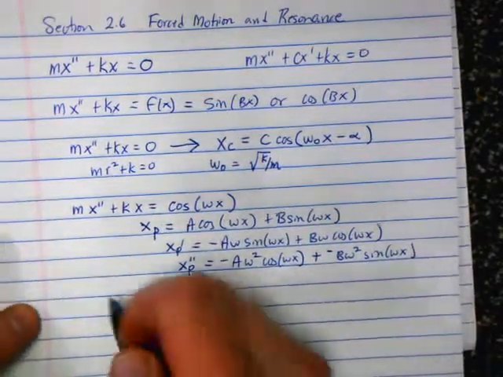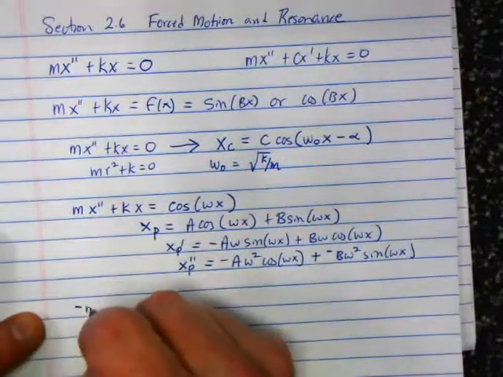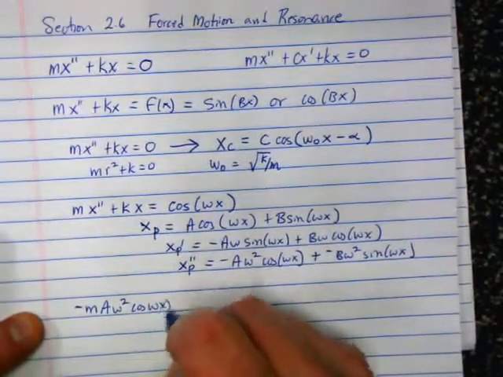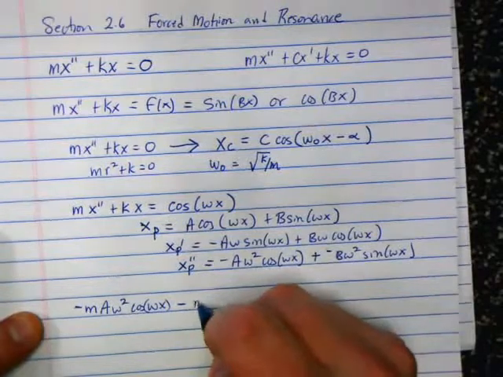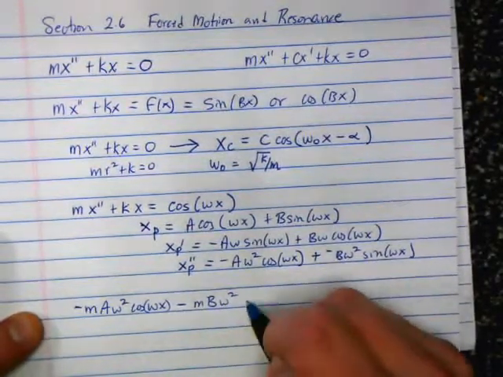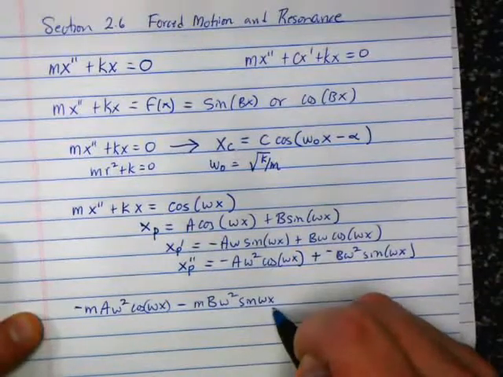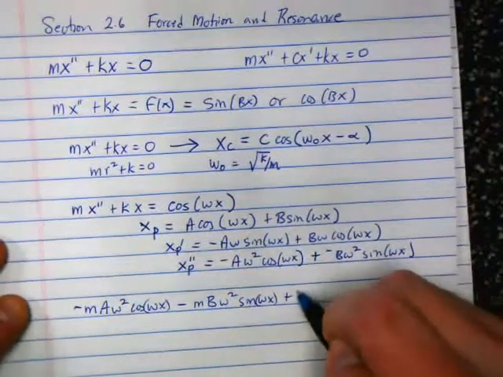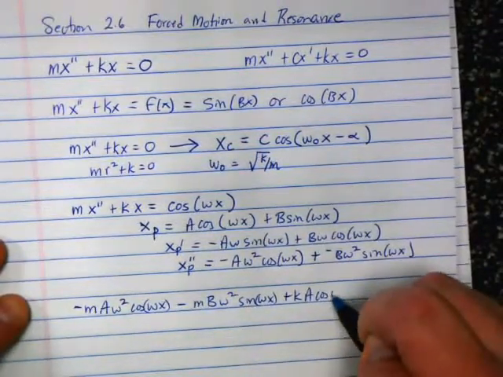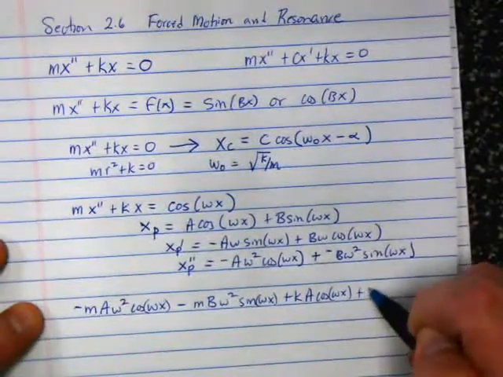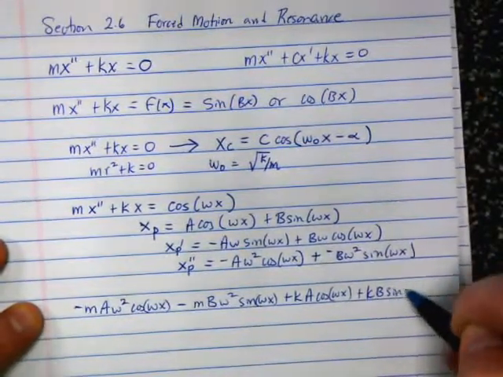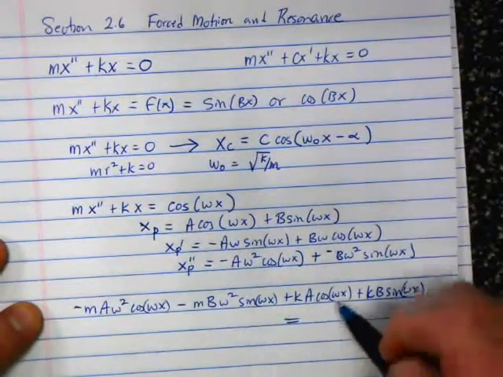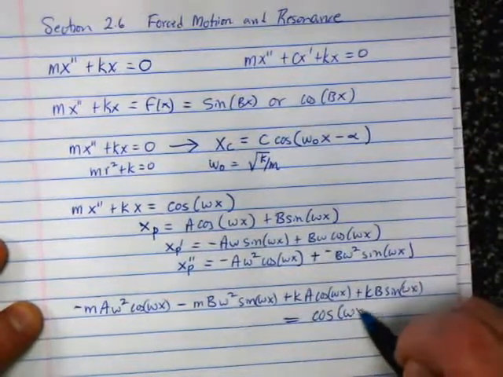I'm going to have negative m a omega squared cosine omega x minus m b omega squared sine omega x plus k times my original function, k a cosine omega x plus k b sine omega x, and all that stuff all added together has to equal this lowly little cosine omega x here.